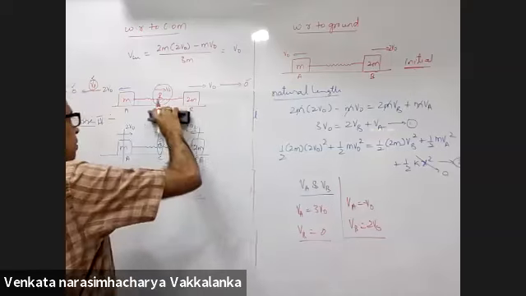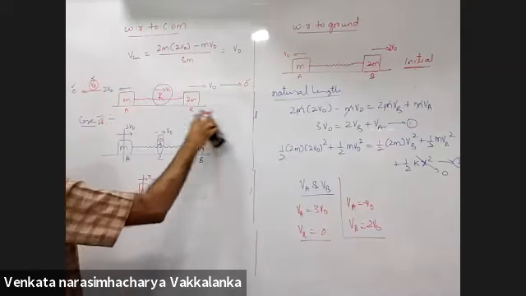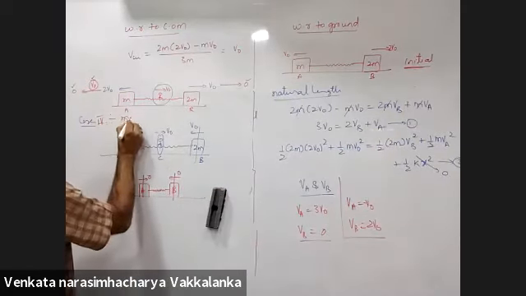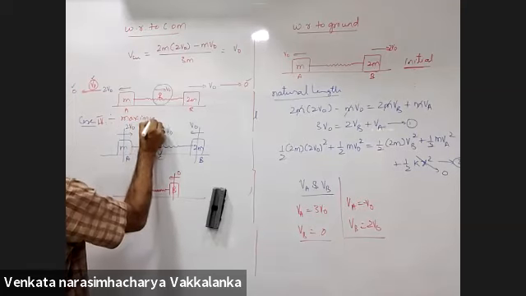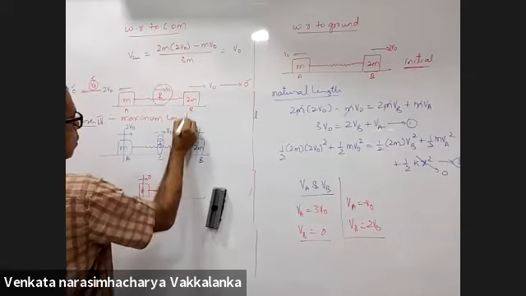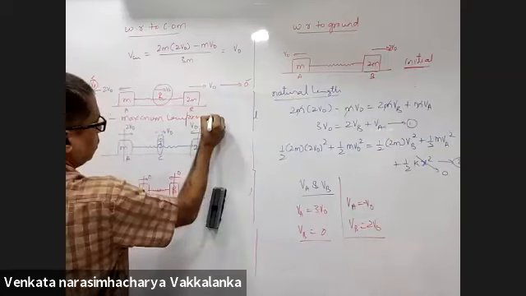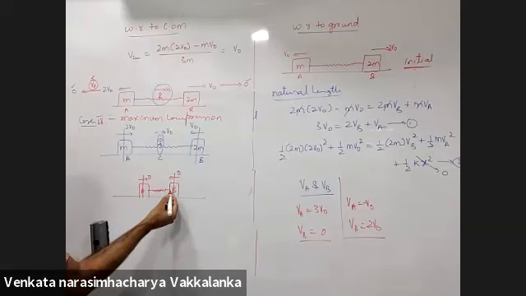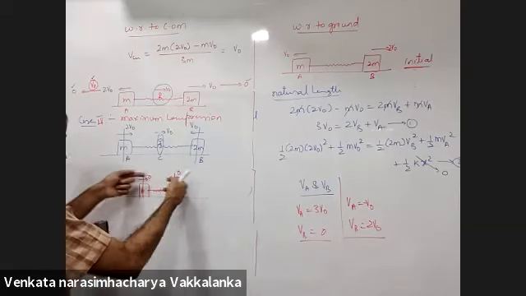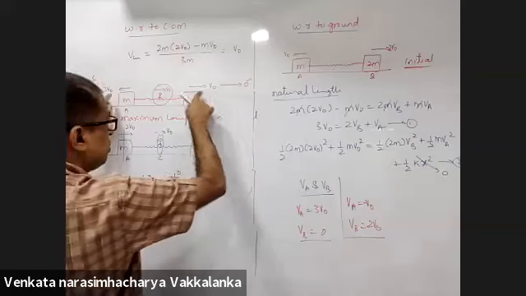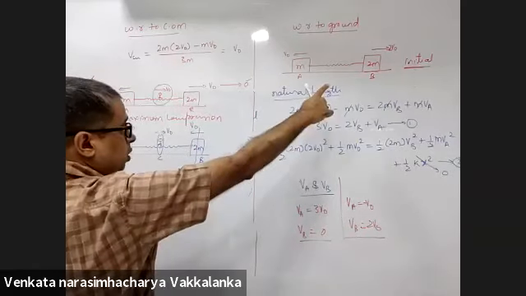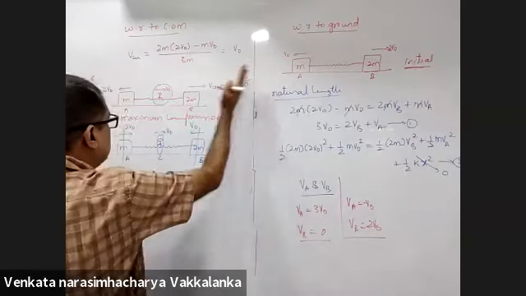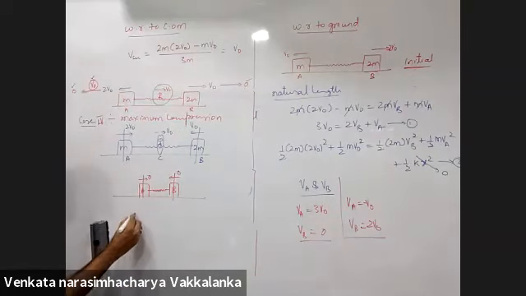Case 4 will be maximum compression. Maximum compression happens when both come to rest, right? On their way back, they're coming to rest. Maximum elongation came when they were moving out. They came to rest. On their way back, they came to rest.